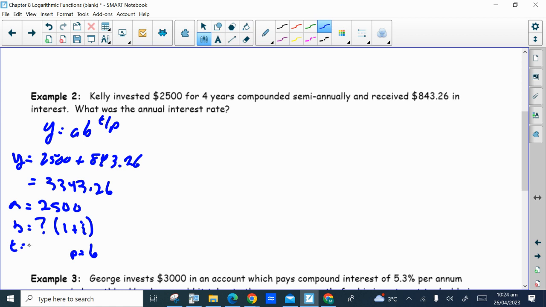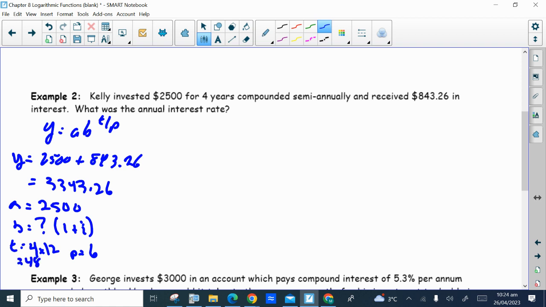So T would be 48. It would be 4 years times 12 months in a year. T would be 48. And if you go 48 divided by 6, you're going to get your 8, which represents how many times the interest is calculated.